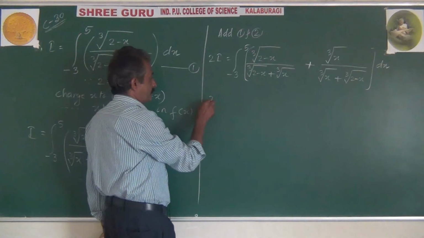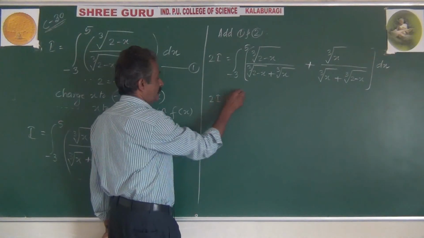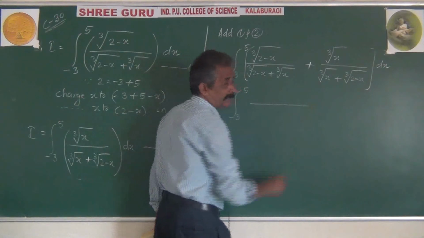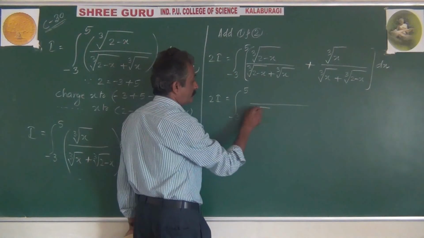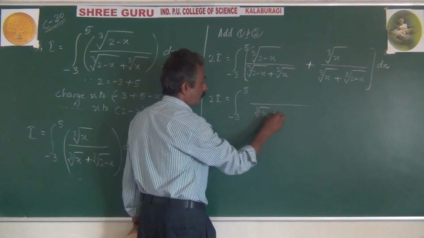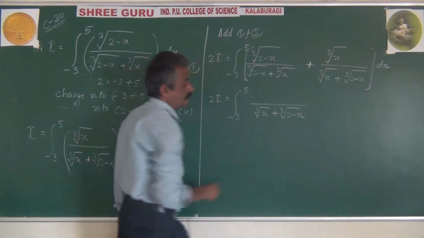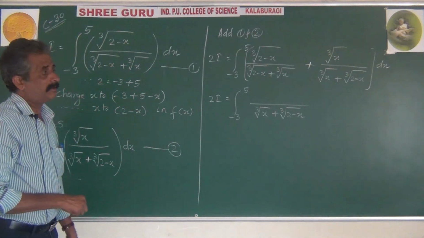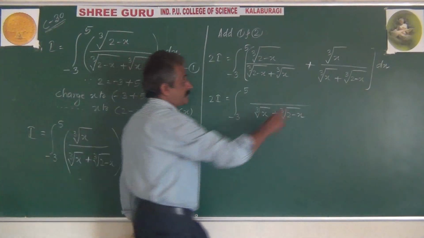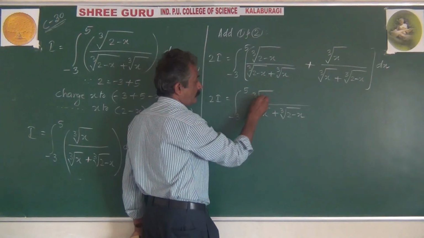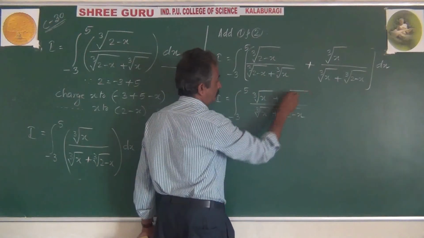So 2I equal to integration minus 3 to 5. LCM. LCM is cube root of x plus cube root of 2 minus x. After LCM, we just need to add the numerator contents. What it becomes is cube root of x plus cube root of 2 minus x.